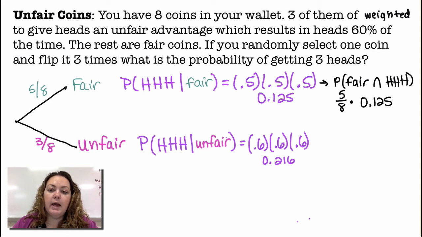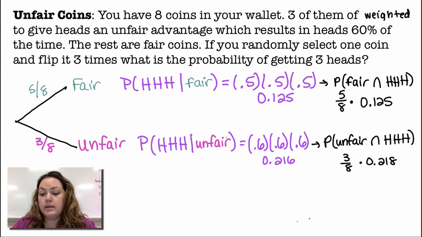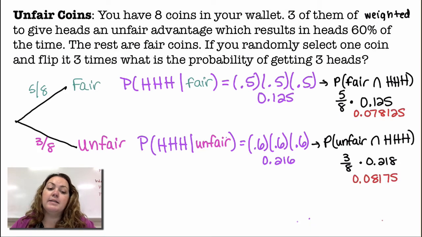I have a 3 out of 8 chance of getting an unfair coin, and if I get an unfair coin, I have a 0.216 chance of getting 3 heads. So 3/8 times 0.216 becomes 0.081. I did the same thing for my fair coin: 5/8 times 0.125 gave me 0.078125.